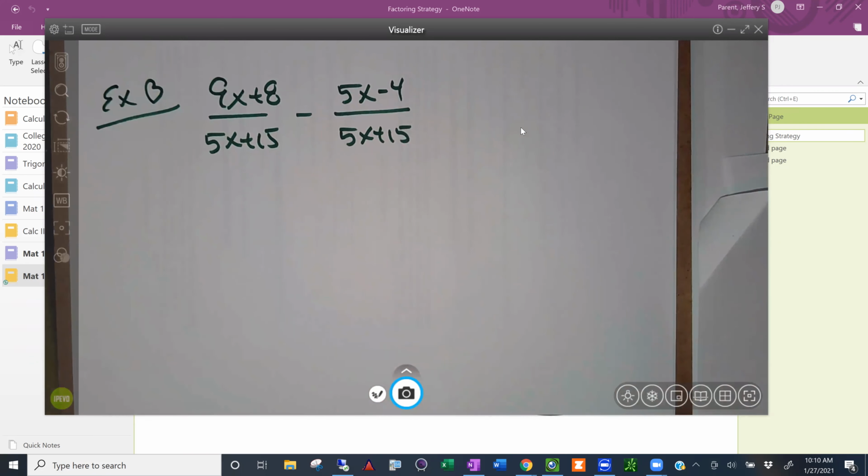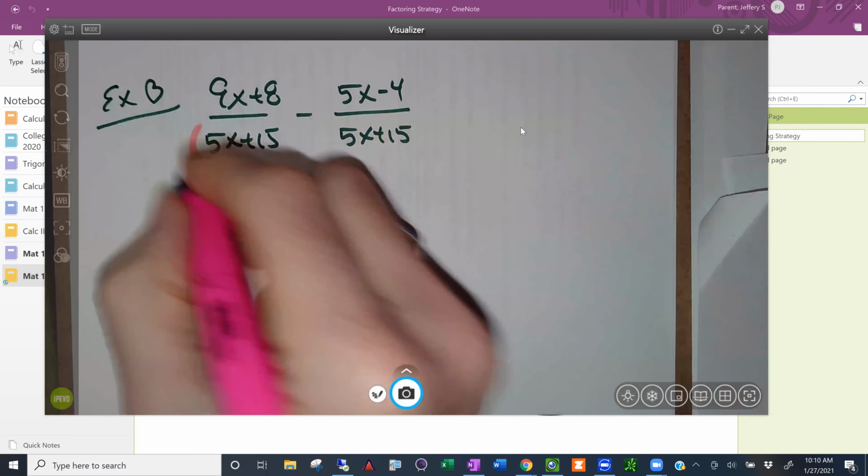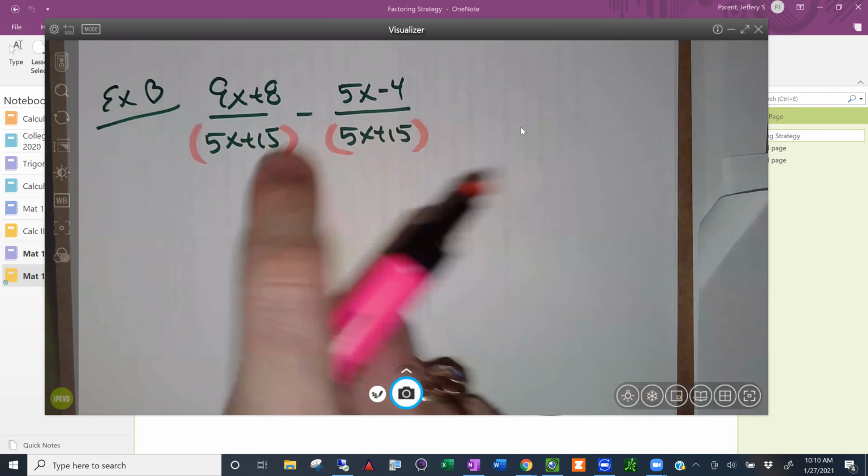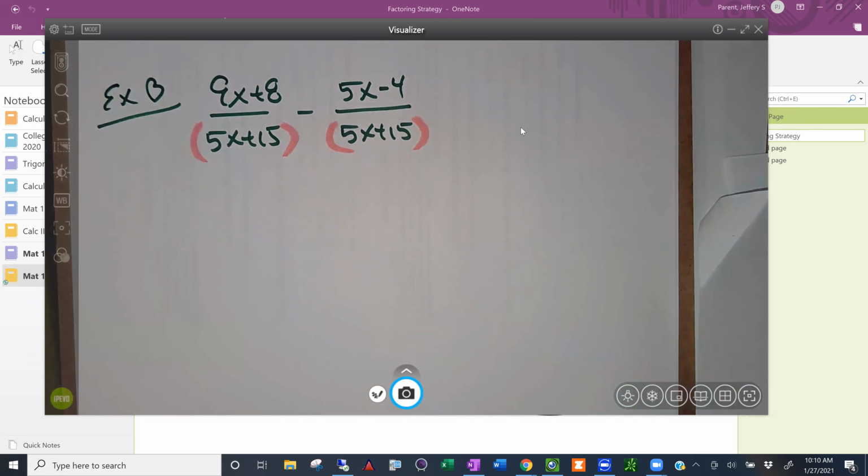Well, there's good news in this one. Does anyone know what the good news is? You've got common denominators. Yeah, the denominators are the same already. Thanks, Samantha. So if the denominators are the same, then you can subtract the numerators.